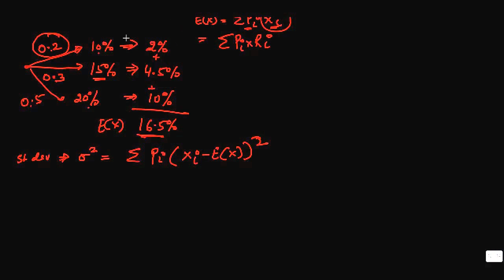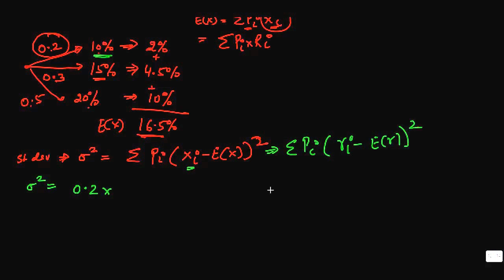So sigma squared will be given as the summation of pi, probability of 1, so 0.2, into xi minus expected value. We can write this formula as the summation of pi into (ri minus expected return) whole squared.